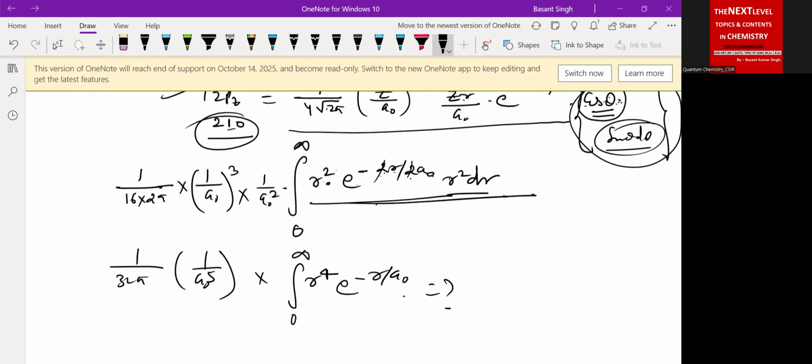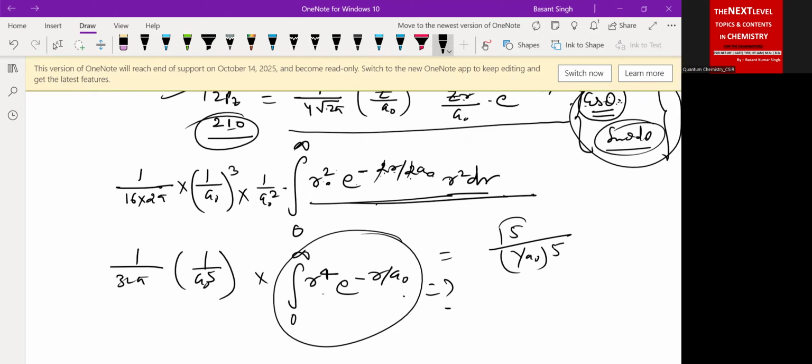So the integration of this part is equal to gamma 5 by 1 by a0 to the power 5. This is equal to factorial 4 into a0 to the power 5. So this is equal to 4 into 3 into 2 into a0 to the power 5.